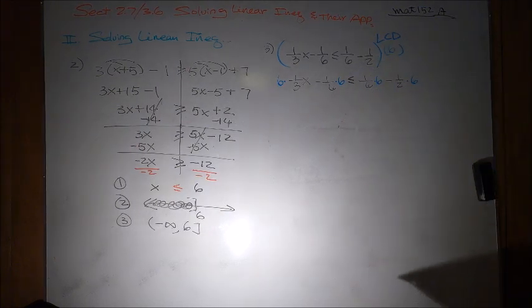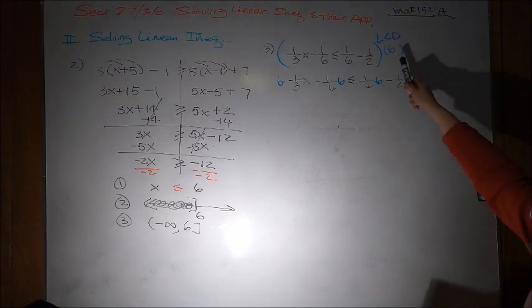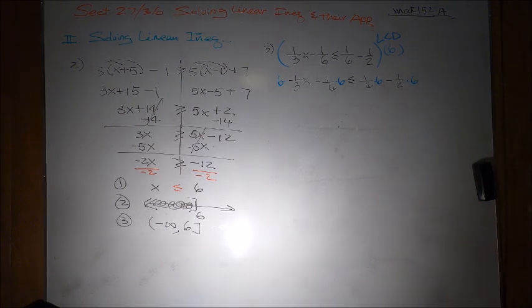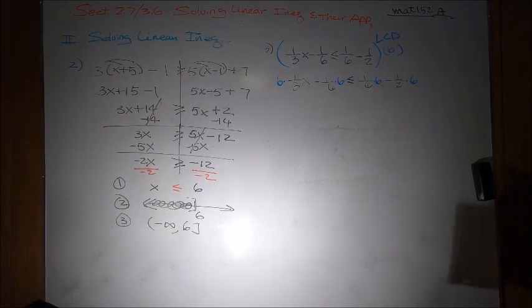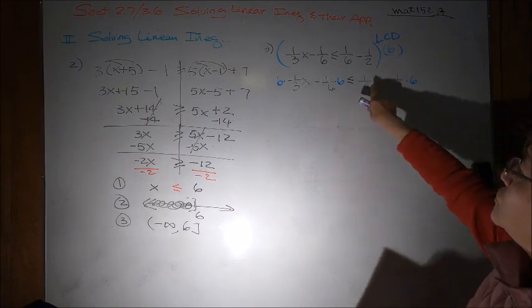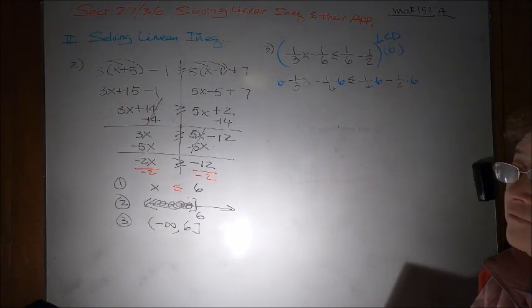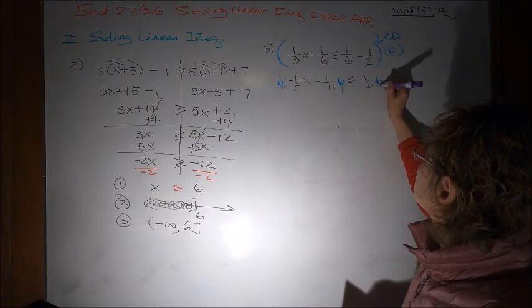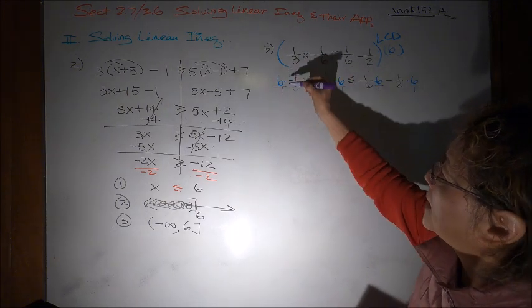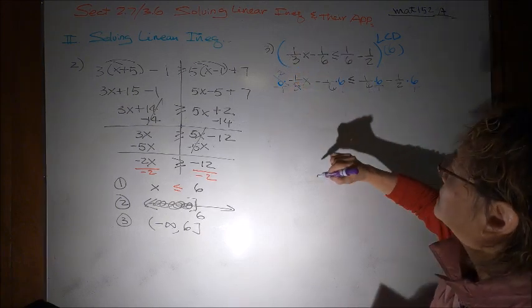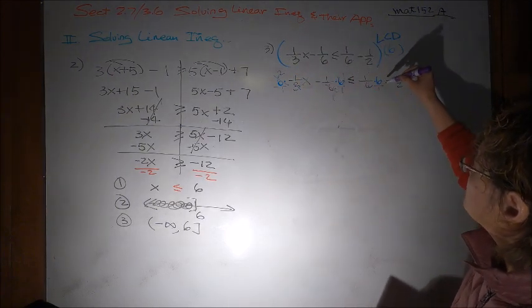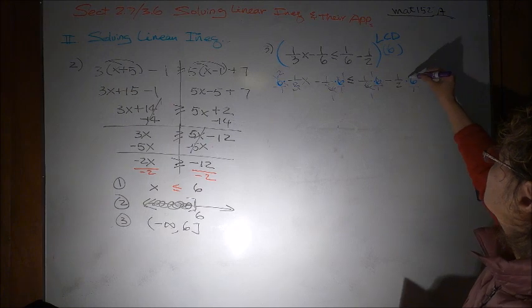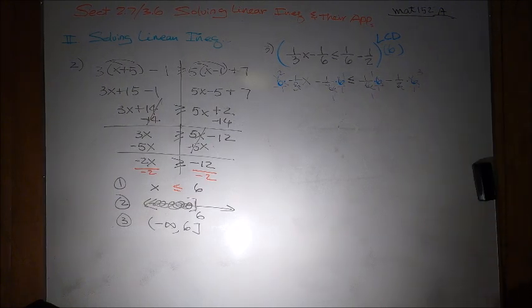Not really. Why? Because we multiply them by a positive number, not a negative. Now, how do we clean up our fractions? Do your fraction thing, right? Put a 1 underneath the whole number, then you cross cancel, right?